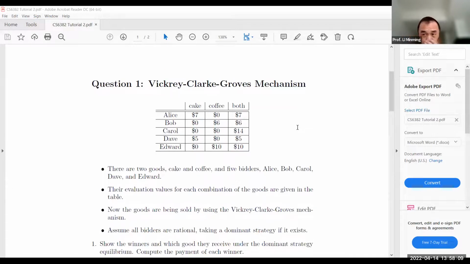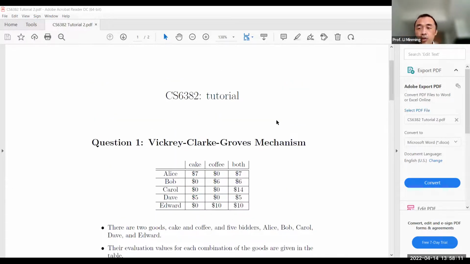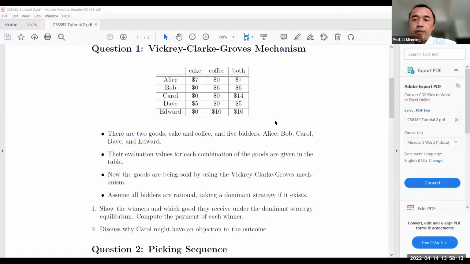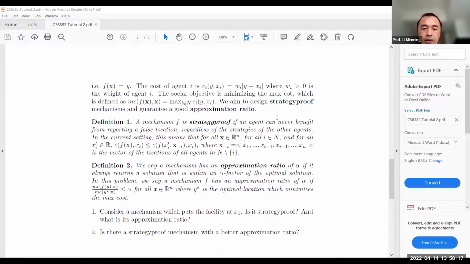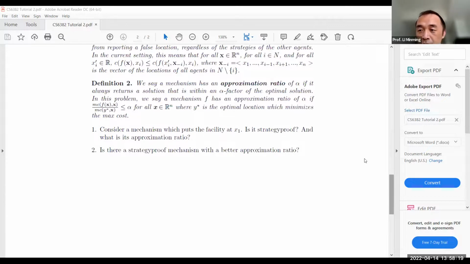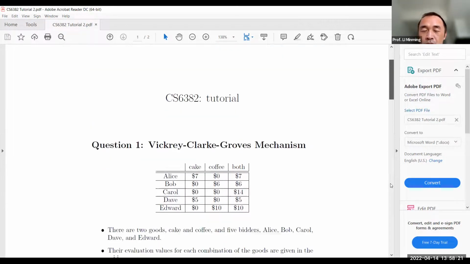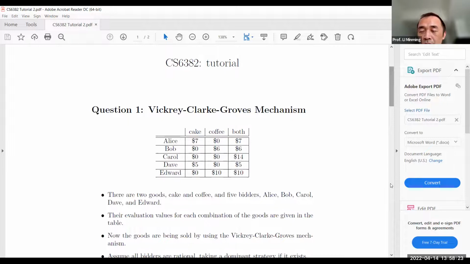Yeah, tutorial 2. Now it has 3 questions. Actually, we will have another one about scheduling, which I will release soon. But for the in-class exercise, it's basically optional. These parts are optional because I will explain them. So you definitely know the answer.